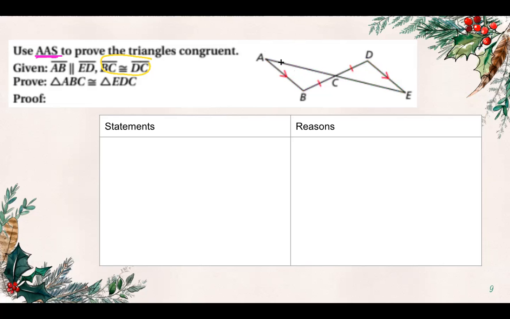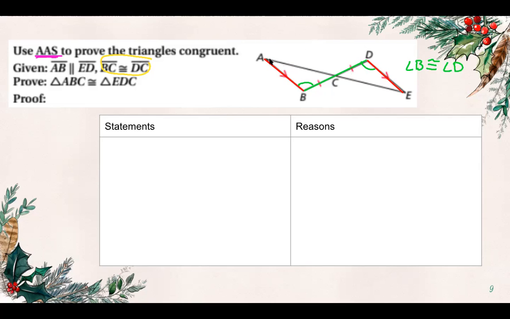Once we have parallel lines, so AB parallel to DE, I can think about these other lines as transversals. So BD is a transversal, which means angle B and D are alternate interior angles. So angle B would actually be congruent to angle D because they are alternate interior angles.